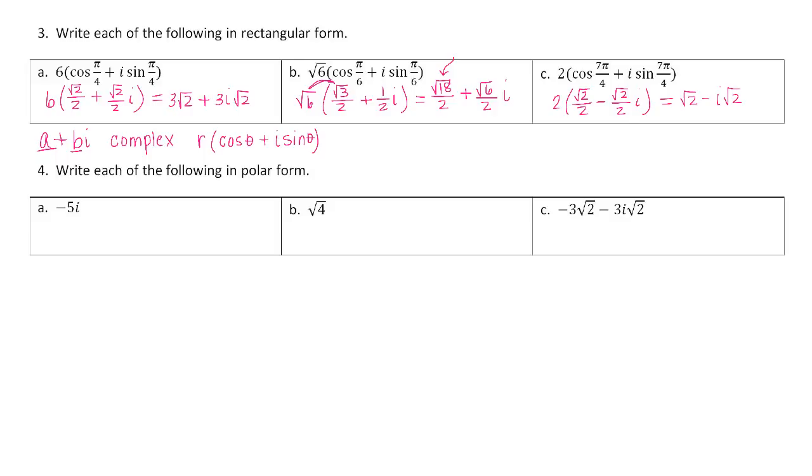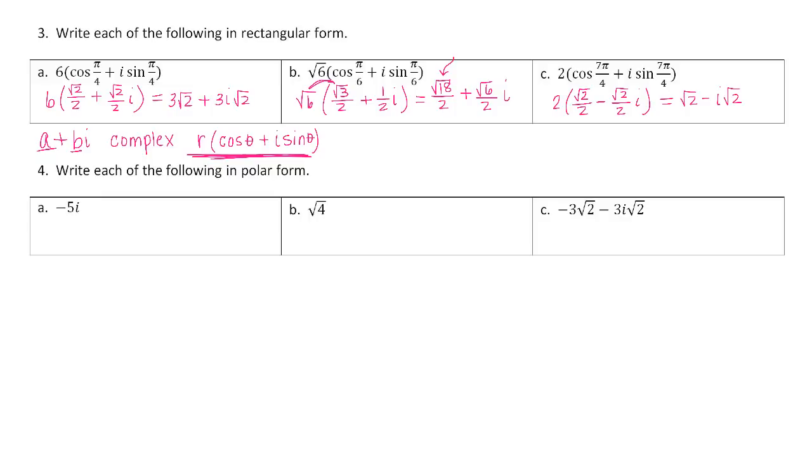Now we're going to change over to our polar form. So our polar form for this, that's where our final answer needs to look something like what we have here. So we need to find r, and then we'll need to find theta.